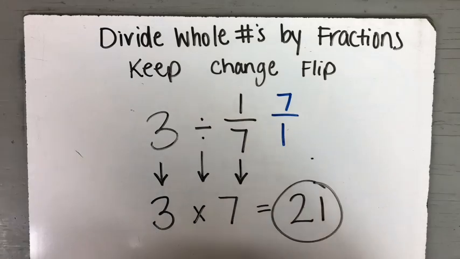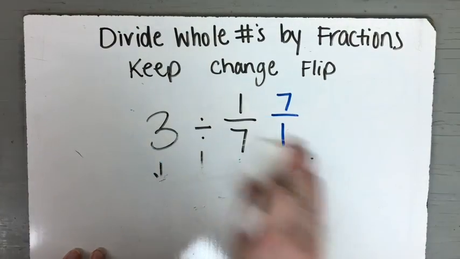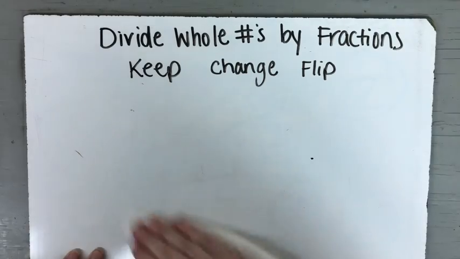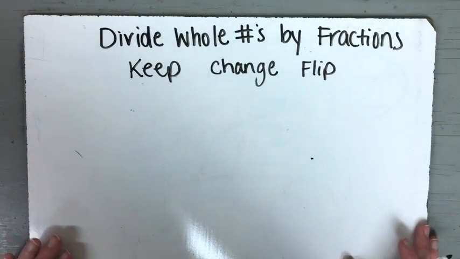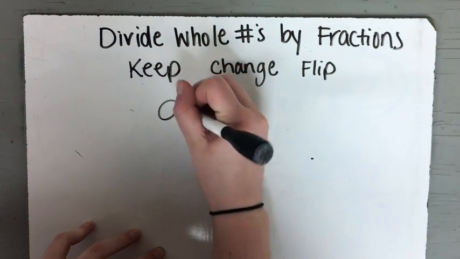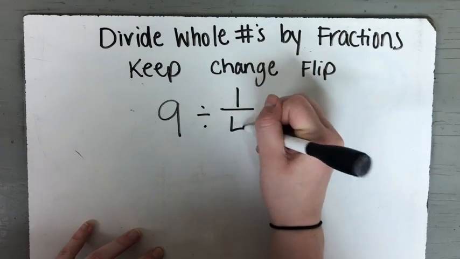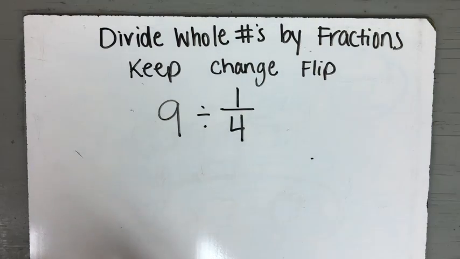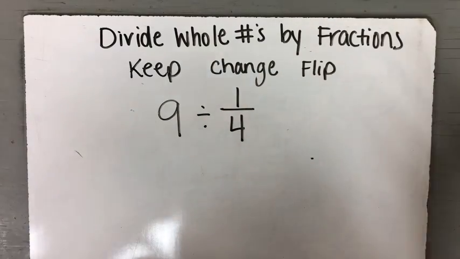Let's look at another example. In this next example, we have 9 divided by 1/4. Let's use our keep, change, flip in order to help us solve this problem.